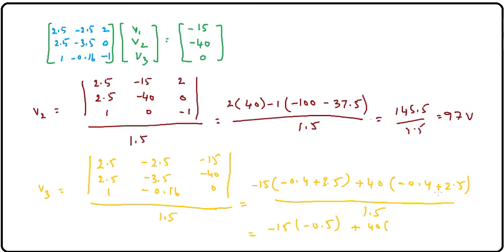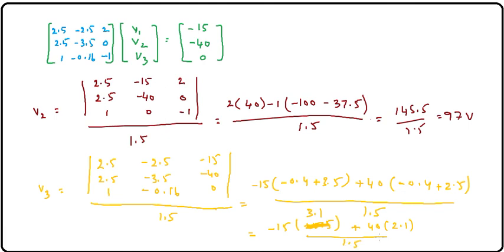So 2.5 into 0.16 is 0.4, and 0.4 minus 3.5 is minus 3.1, so this part is 3.1. Plus 40 into 0.4: 0.4 minus 2.5 is minus 2.1, so this part is 2.1 simply. So divided by 15, sorry, 1.5.